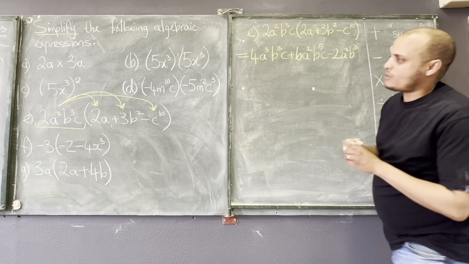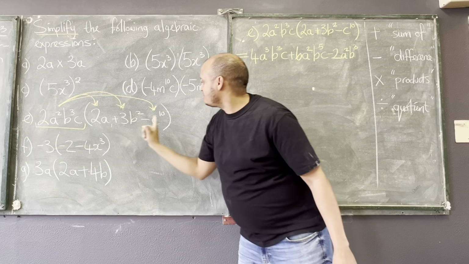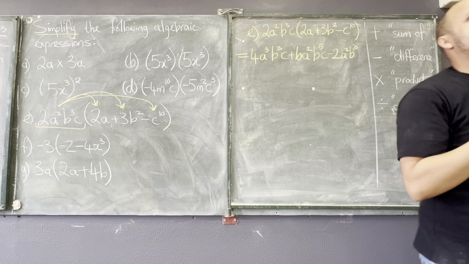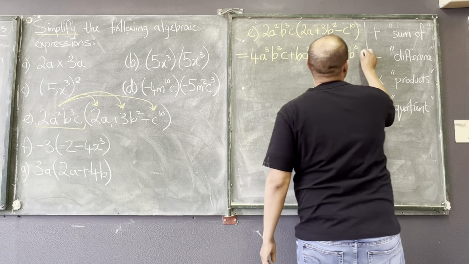Then c to the power 1 times c to the power 10 gives me c to the power 11.